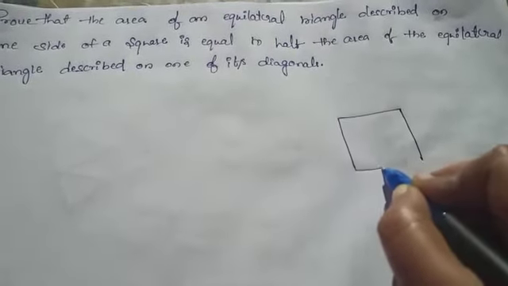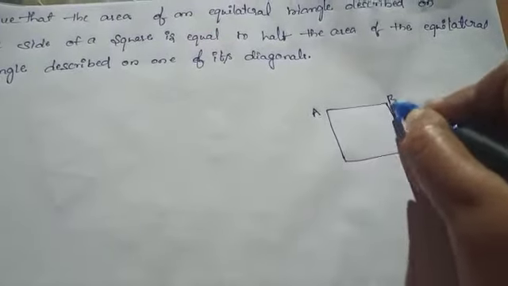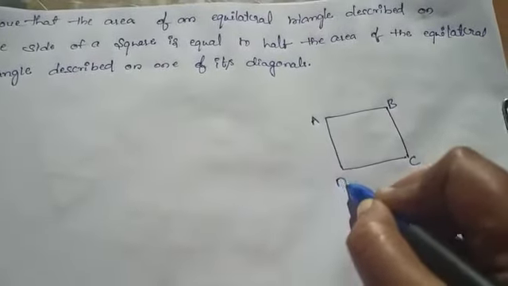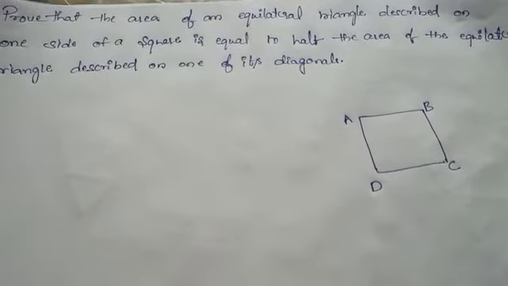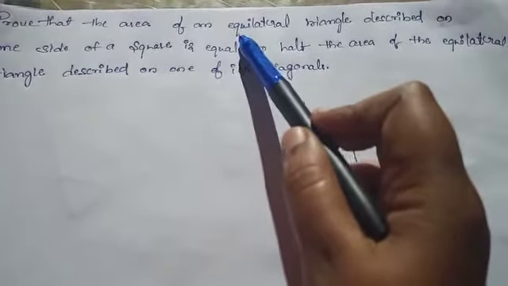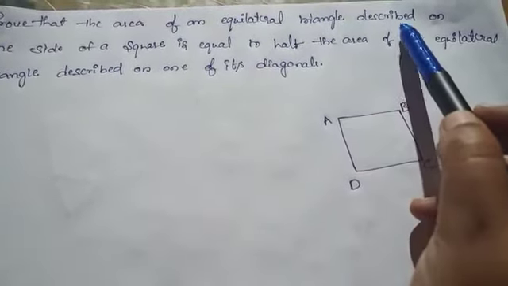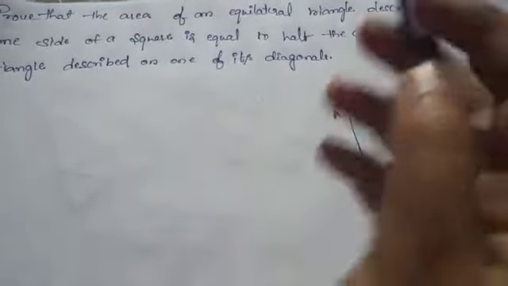Let A, B, C, D be a square. Here, an equilateral triangle described on one side of a square.